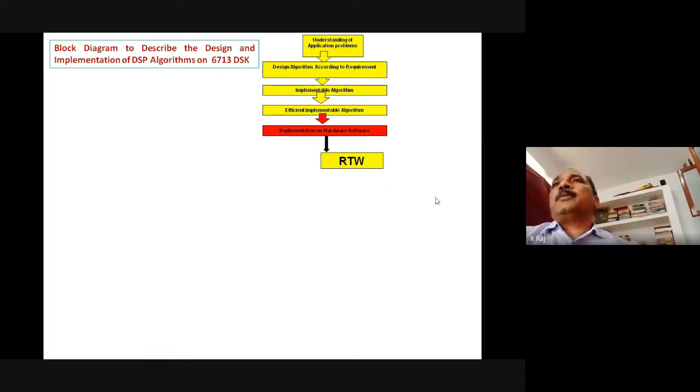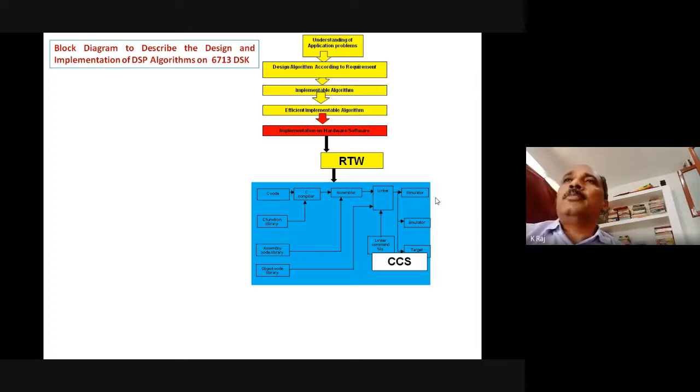Now, for the purpose of downloading our algorithm and the code or the program on a given target, as we have discussed, there is a need for the RTW that converts it into the .c program. And this .c program is accepted at the input by Code Composer Studio, that is the CCS.